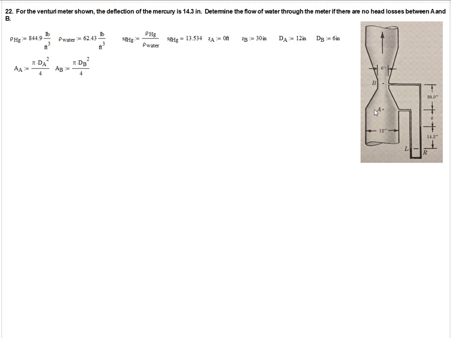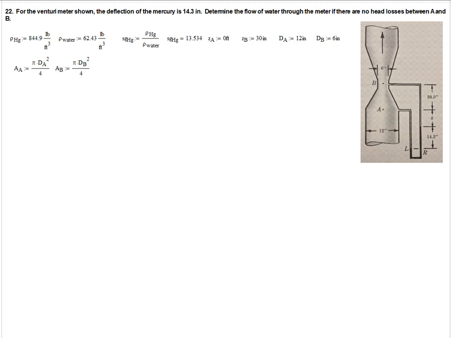We're going to use position A as our datum, our baseline, so we're going to set that at 0. Position B, since we're flowing up, we're going to take our elevation change into account. That is going to be 30 inches or 2.5 feet. Then we have the diameters of 12 and 6, and from that we can calculate the areas.